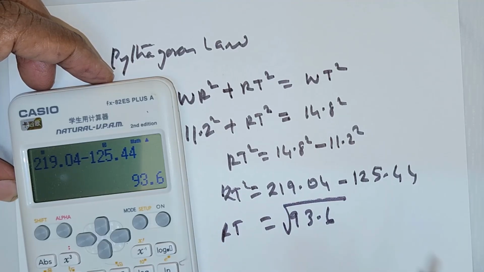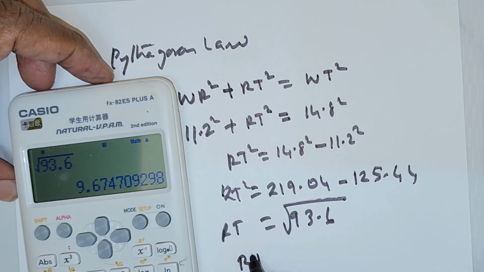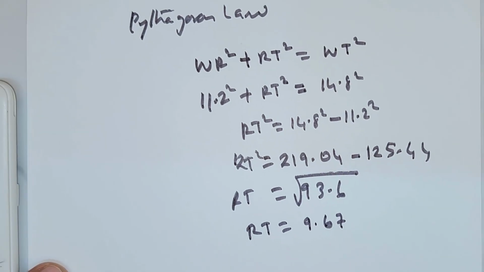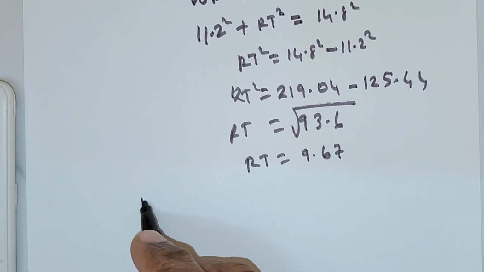So RT is equal to square root of this, so square root of 93.6, that is giving you a value of 9.67. Okay, but we need RS.